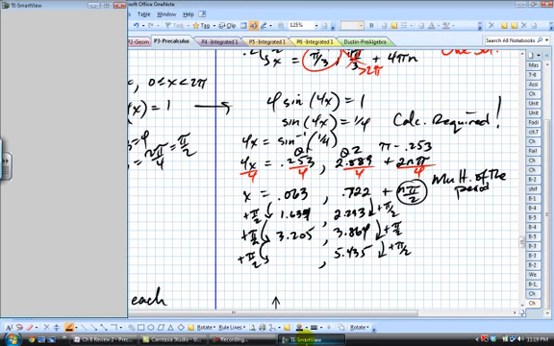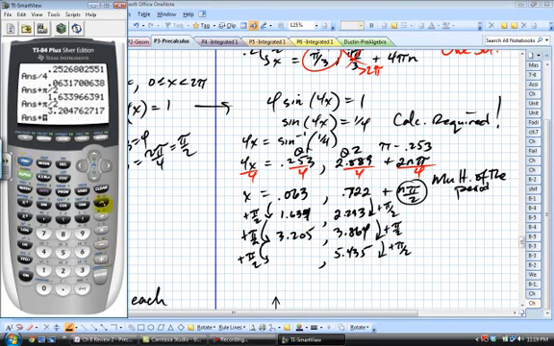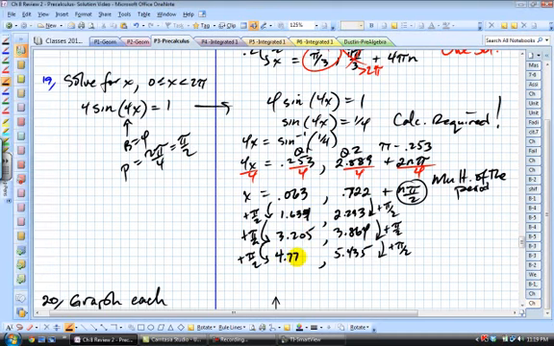Add again, add pi divided by 2, 4.776. So I get 8 solutions, okay, 8 solutions, right here.